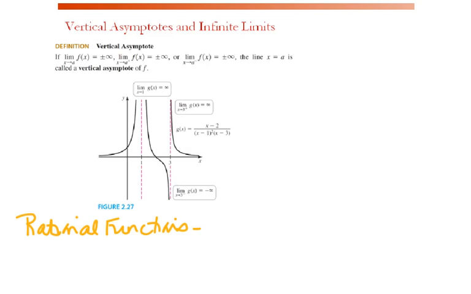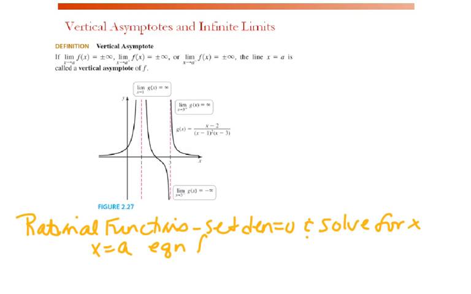In general, we would find a vertical asymptote by setting the denominator equal to 0 and solving. When we found that value for x, whatever it is, x equals a, we said that was the equation for the vertical asymptote.